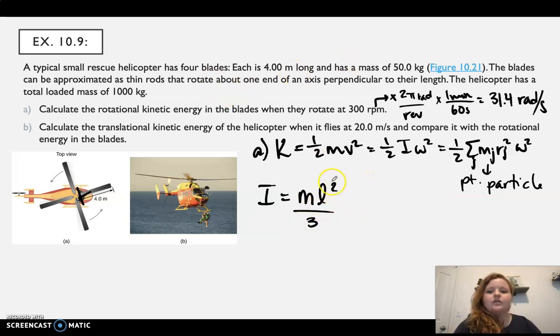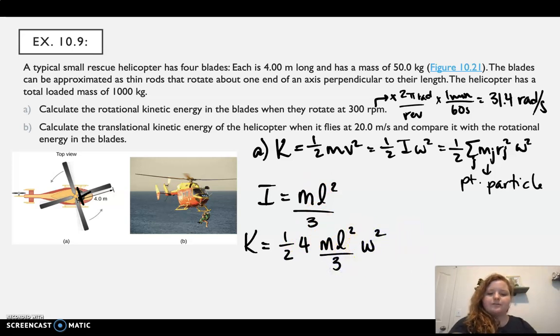Okay, so what we'll do is we'll have kinetic energy equal to 1/2 times 4 times ml squared over 3 times omega squared. So this gives us 2/3 ml squared omega squared.